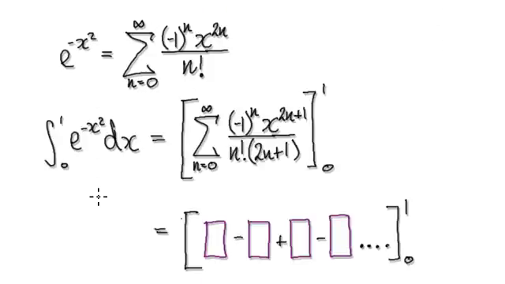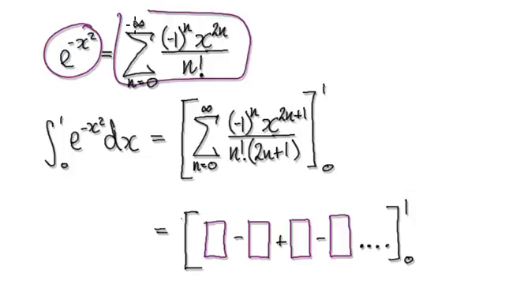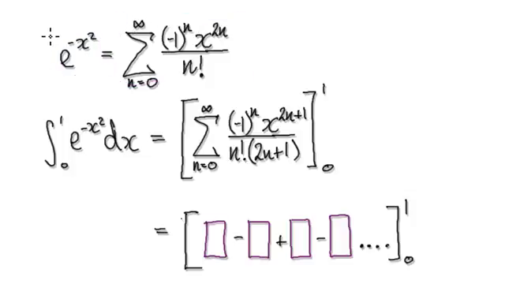Okay, and so this thing here is this whole series here. So now we need to integrate it. So integrate this whole thing here. Remember, we've done this before. You can actually integrate a summation. So when you integrate this, the power here gets added by 1.